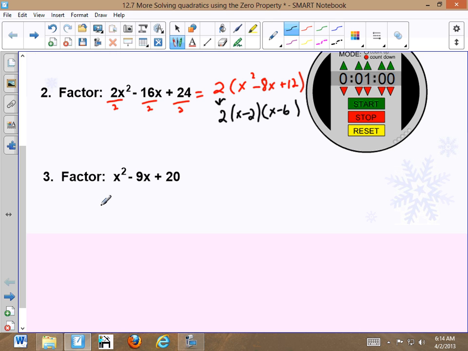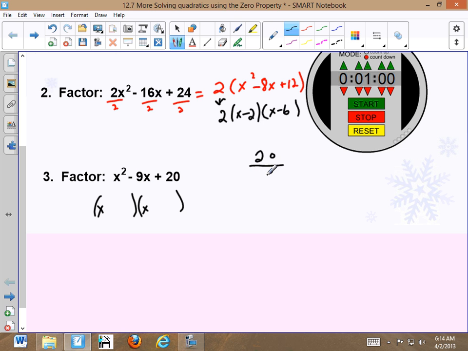Okay, there's nothing for me to factor out, so all I do is make my empty parentheses. x. Two numbers that multiply to give me 20, but add up to -9. Now, I know it has to be 2 negatives, because 2 positives are not going to add up to a -9.